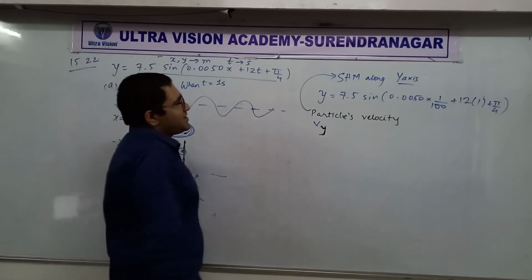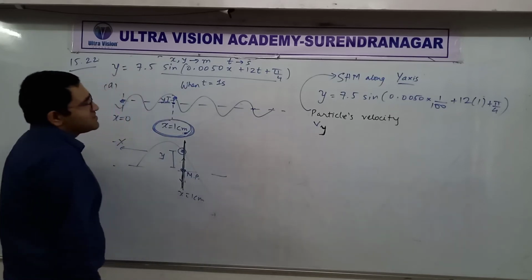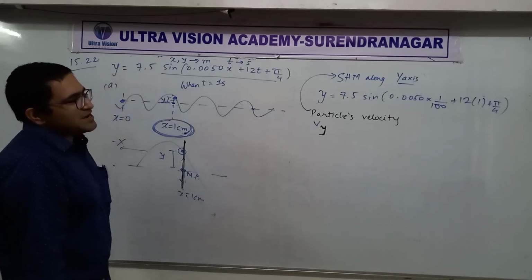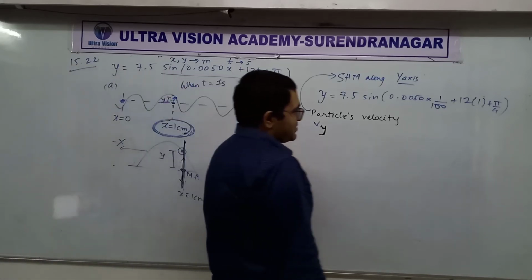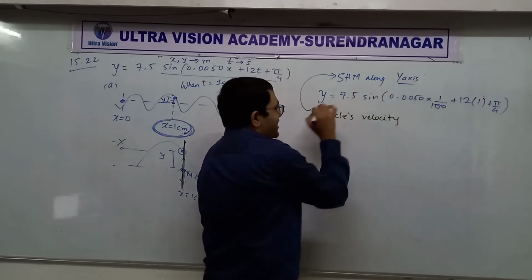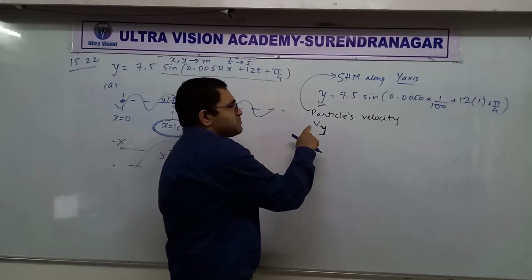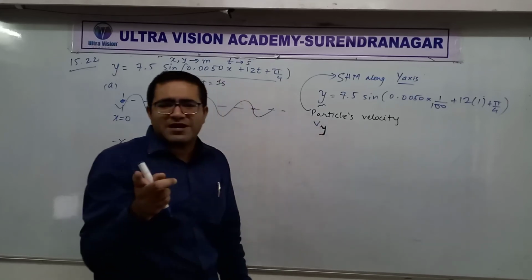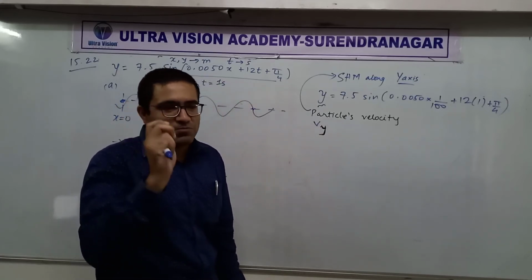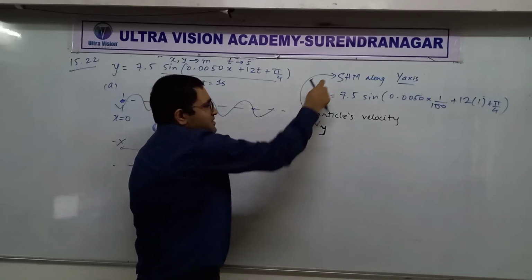So, listen to this carefully, do you realize that in SHM we have learned that if you know y or displacement, you can find speed or velocity? Do you remember that relation in simple harmonic motion? Because this particle is doing simple harmonic motion.